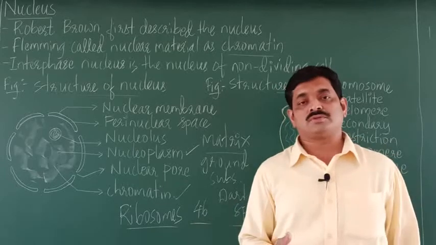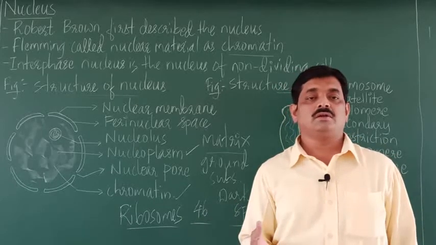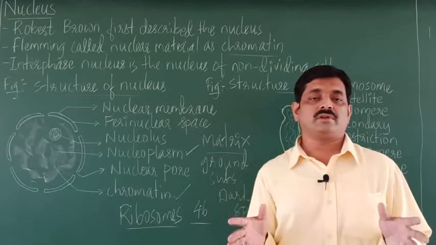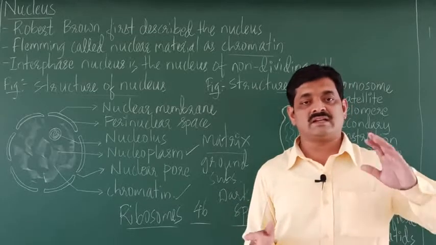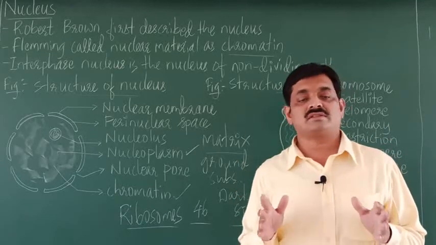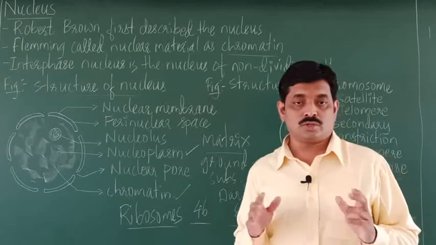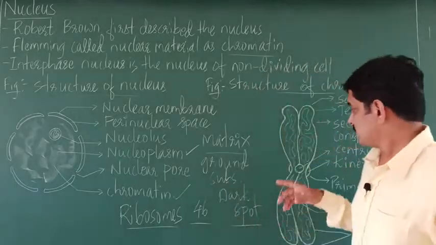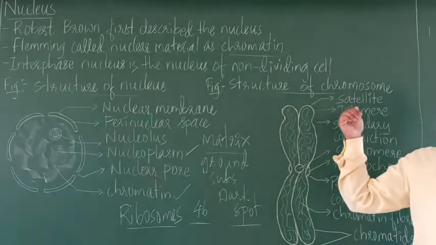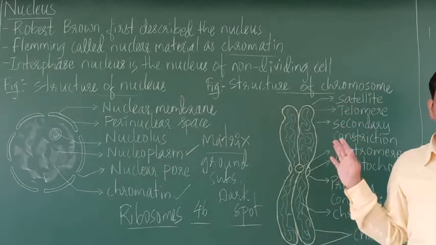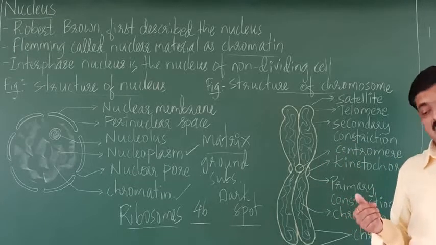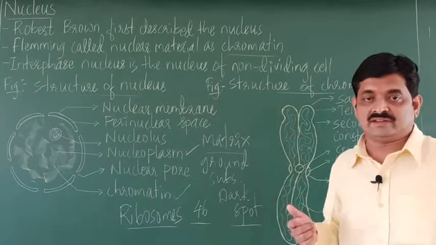Now these chromosomes can be observed in the nucleus during a particular stage called metaphase, which we will consider in detail in the coming videos. So how is the structure of a single chromosome? A single chromosome appears like this. This chromosome is called double-stranded, meaning it has 2 strands.